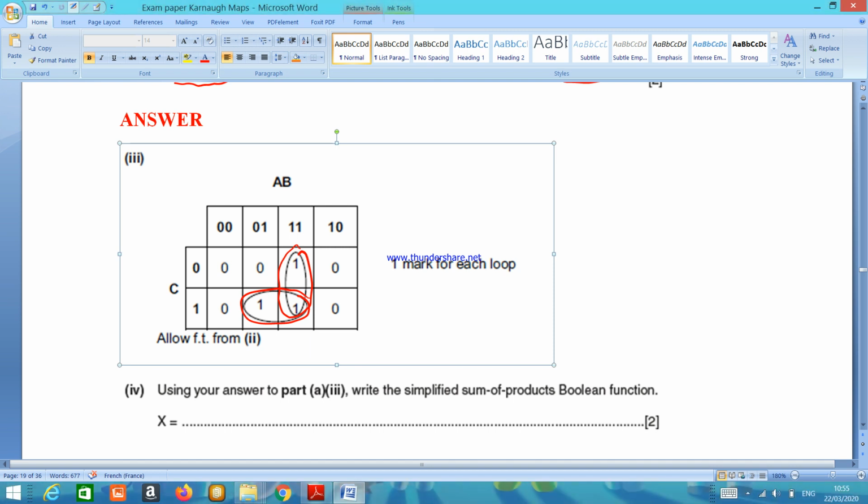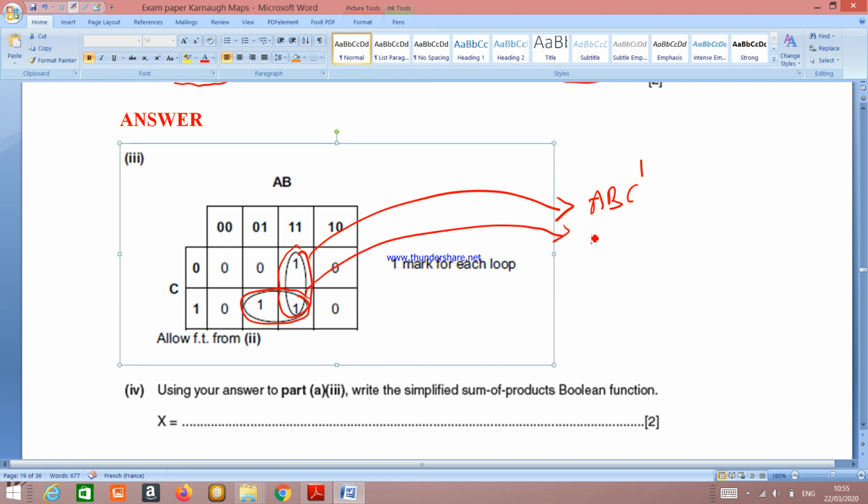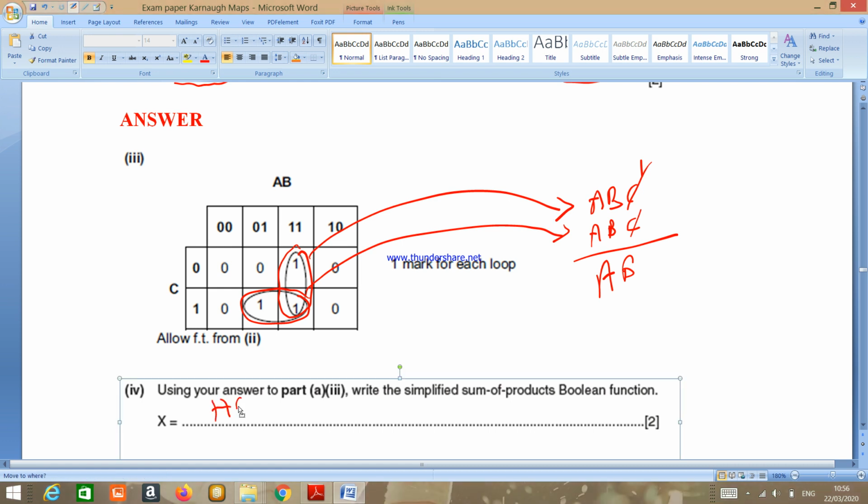For the first group, it is A, B, and C dash, and the next term is A, B, and C. Now what is changing? C is changing, so we cross it. What is left? AB. So we must have AB in our answer.